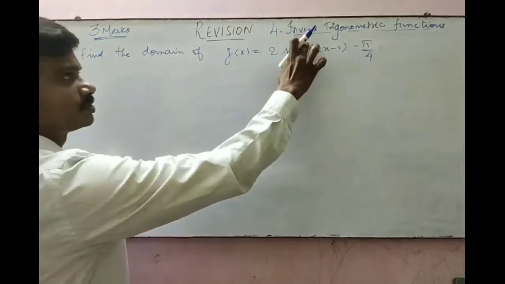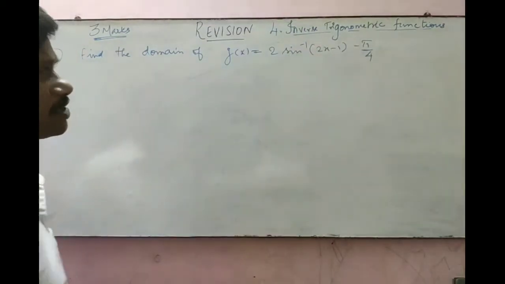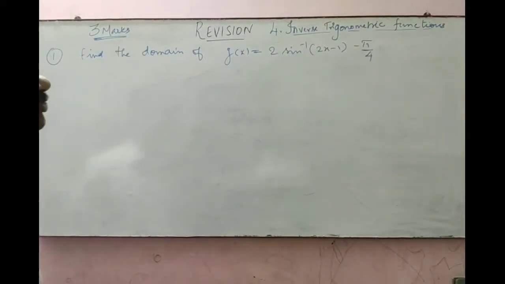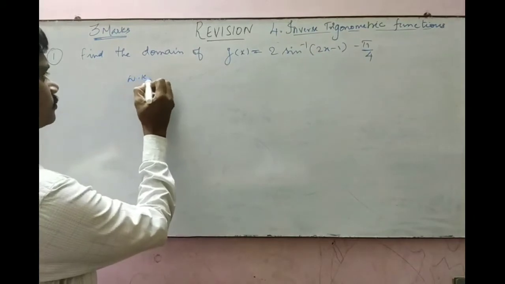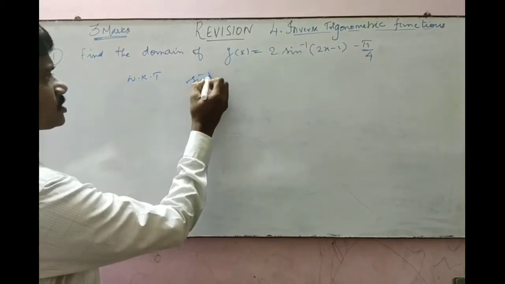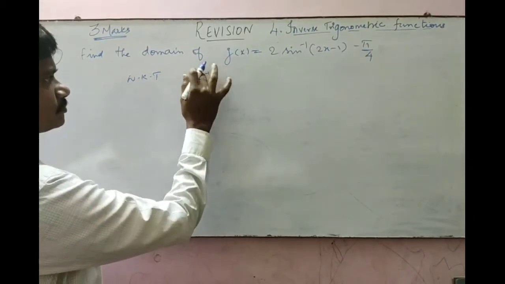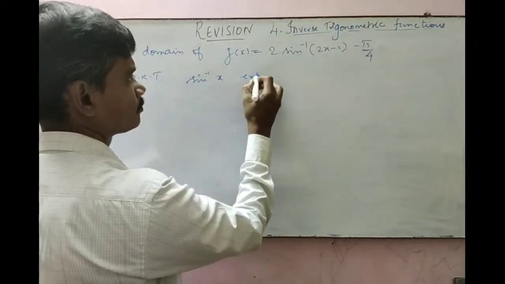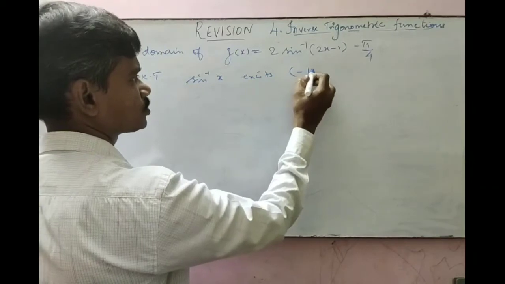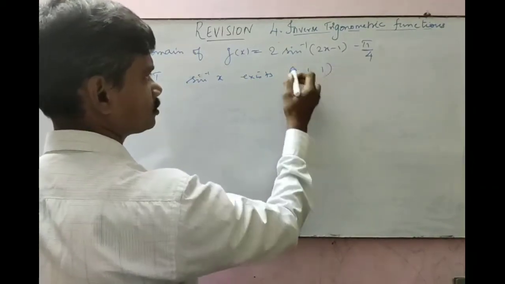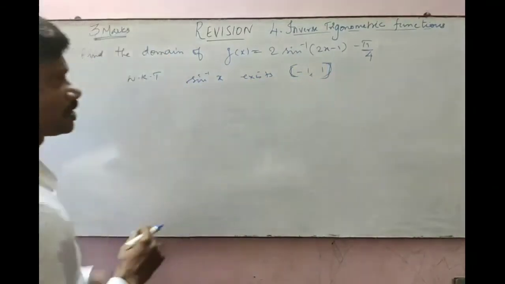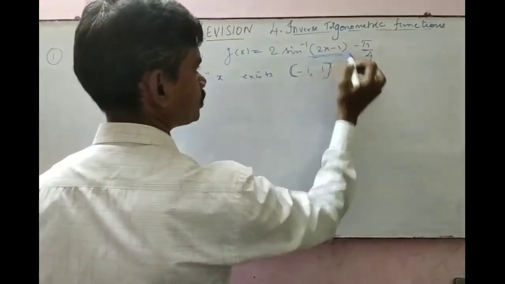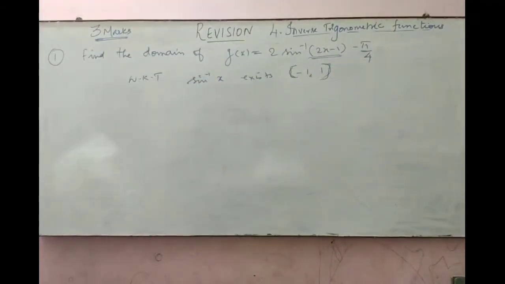What we are going to do here, 2 sin inverse of 2x minus 1 minus pi by 4. We know that sin inverse of x exists between minus 1 to plus 1. So we are going to check for this 2x minus 1 where this value x exists.